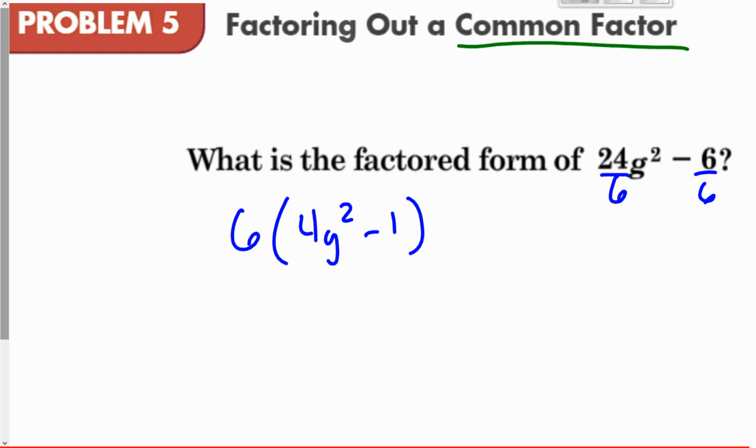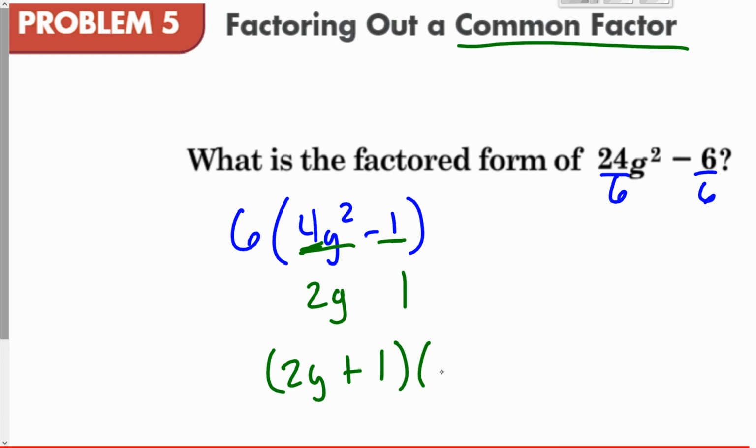Now 4 and 1 are perfect squares. What times itself is 4? 2. What times itself is g squared? G. What times itself is 1? That's still 1. And then middle's missing, so I have a plus and a minus. But just remember, you have to put this 6 still on the outside, okay?